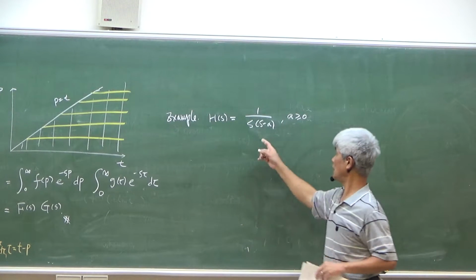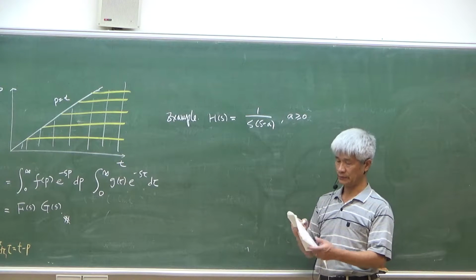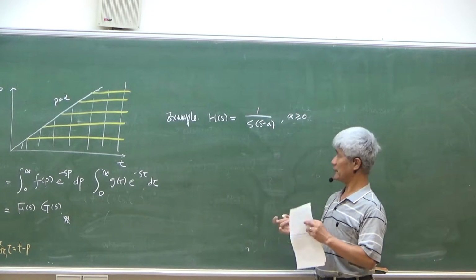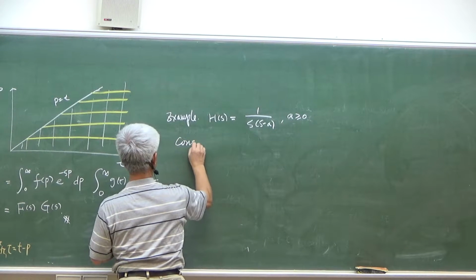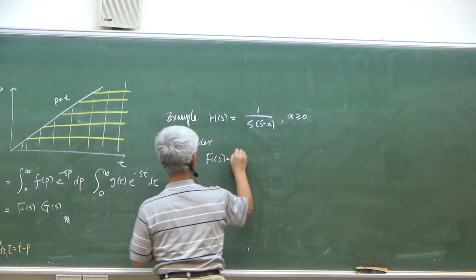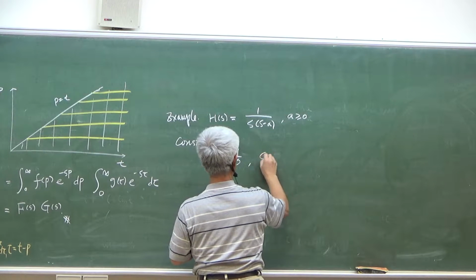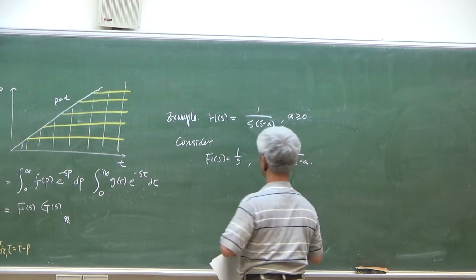We know the Laplace transform of a function h of t is 1 over x times (x minus a). So we consider that f of x equals 1 over x and g of x equals 1 over x minus a.